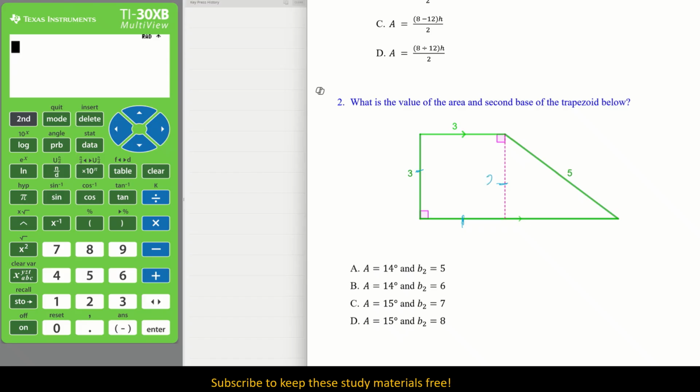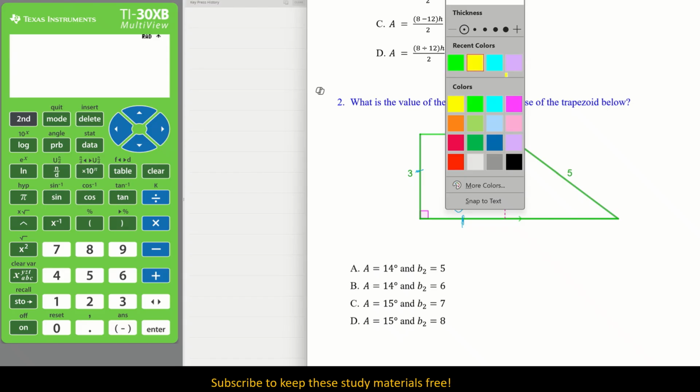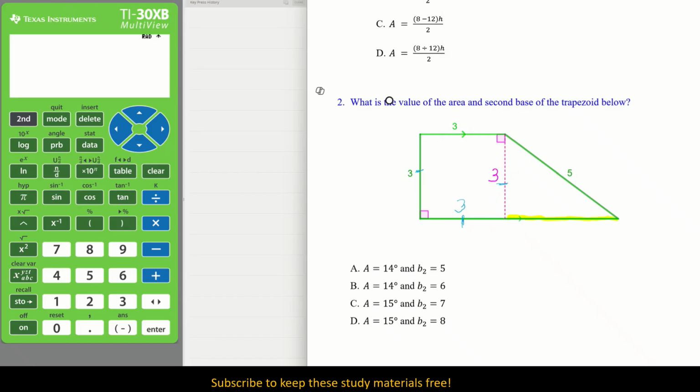This is telling me that the height is 3 as well, and we have 3 here. Now our job is to find this one missing piece over here, this one little section of the base.